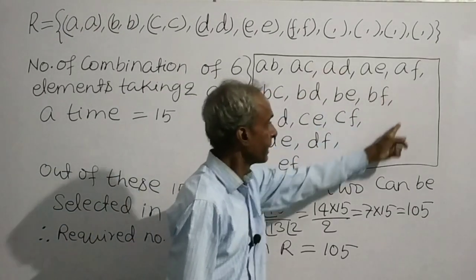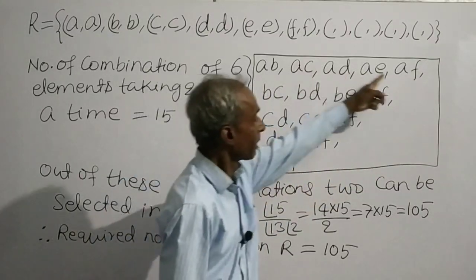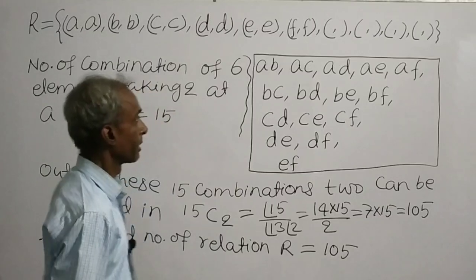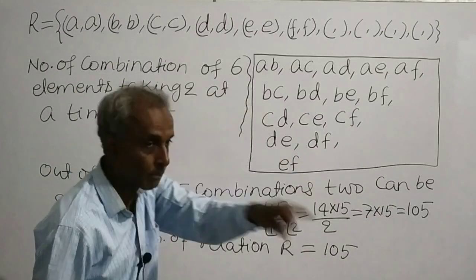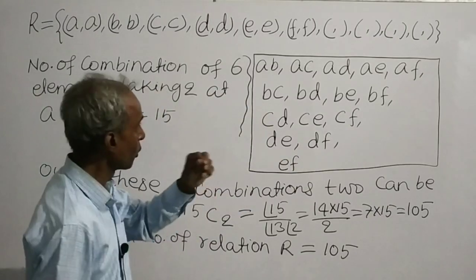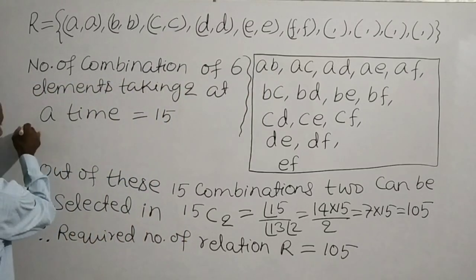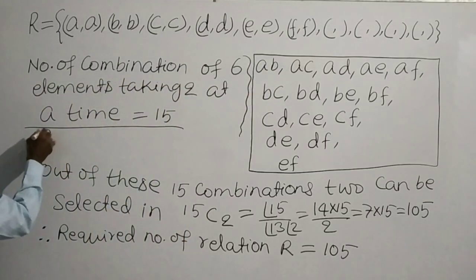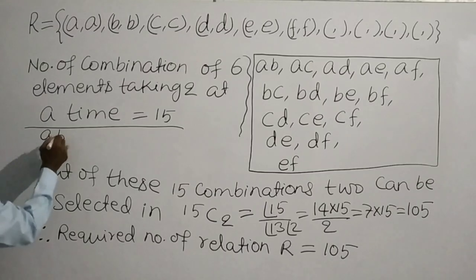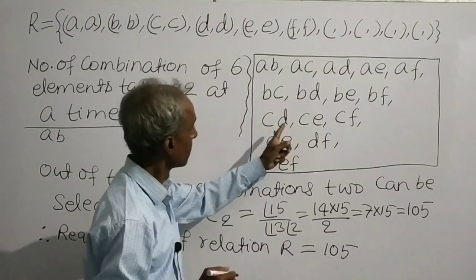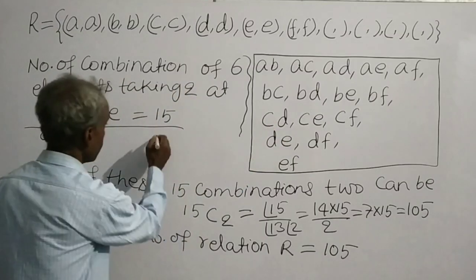Out of these 15 combinations, if we select any two combinations, suppose we select one combination AB and one combination CD.